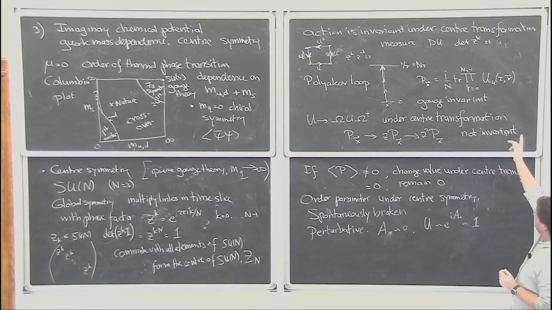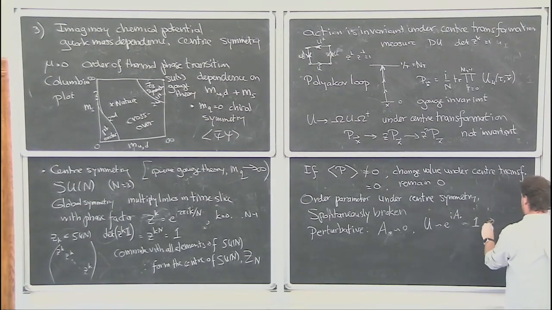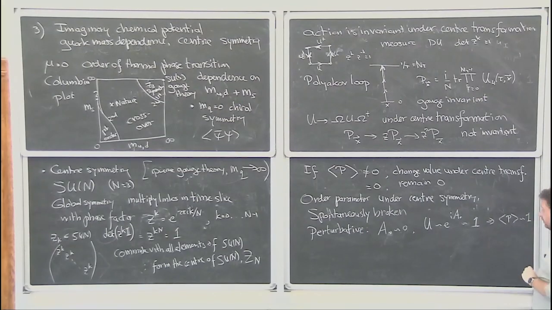But the Polyakov loop is exactly the product of all these links. And so if this is the case, we expect the expectation value of the Polyakov loop to be close to 1. Now, when is QCD perturbative? At high temperature.